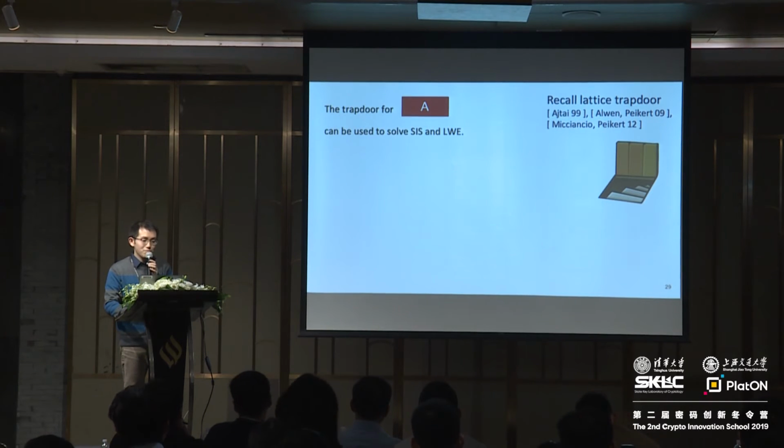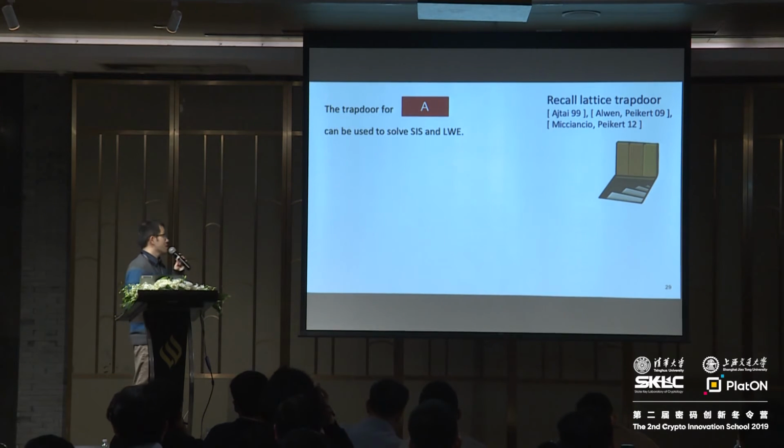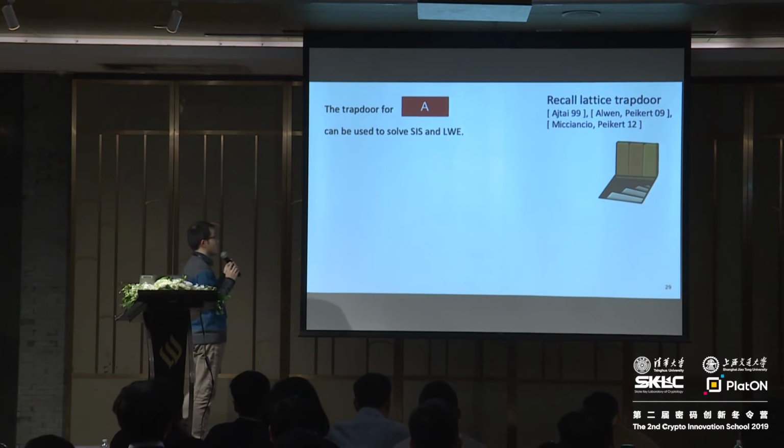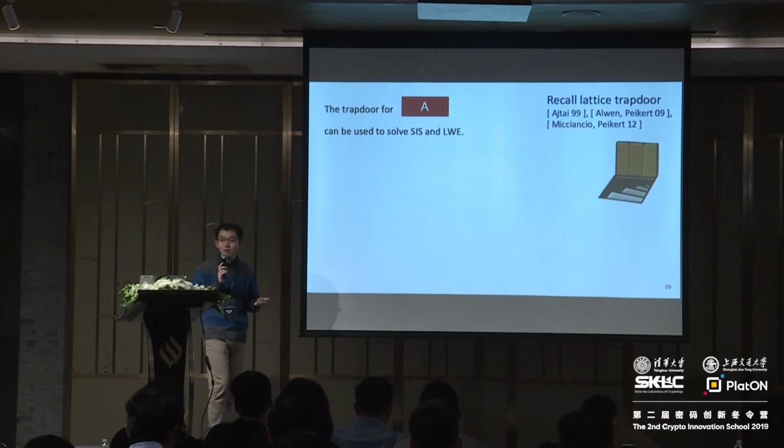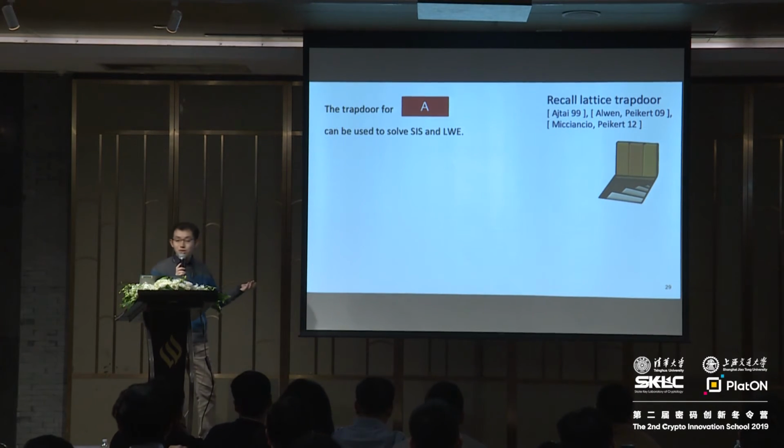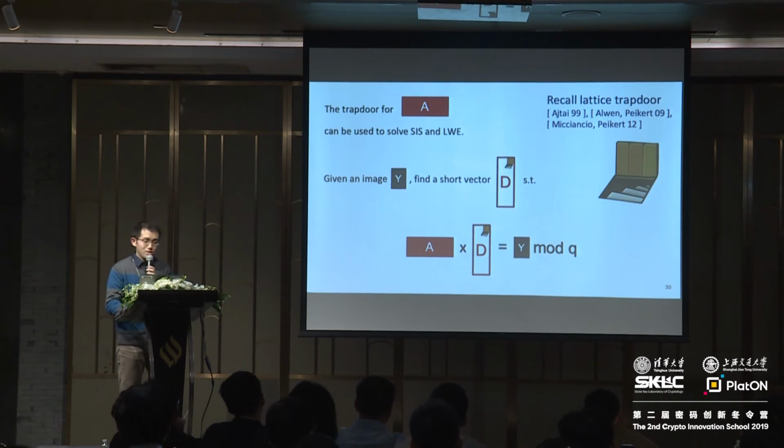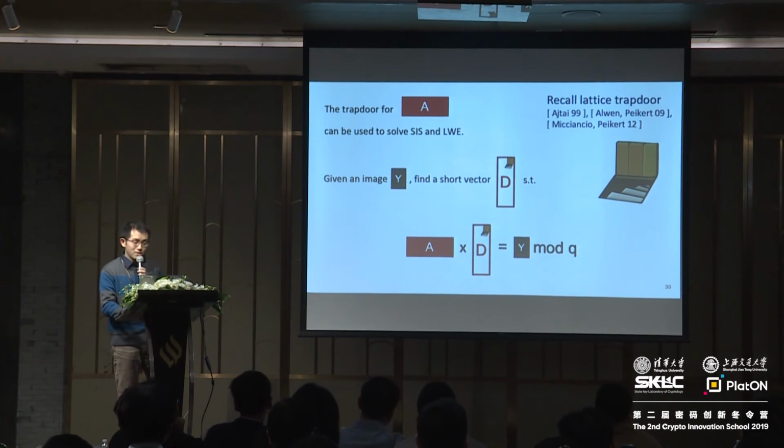So the trapdoor of a public matrix A, we can think about its functionality as being able to solve the SIS problem with respect to that public matrix, or solve the LWE problem with respect to such a public matrix. So formally, what does it mean to solve SIS or ISIS?